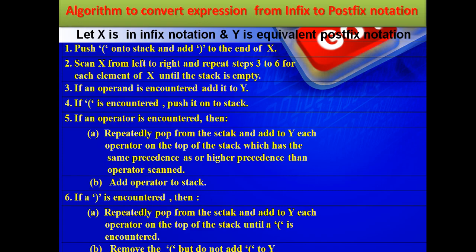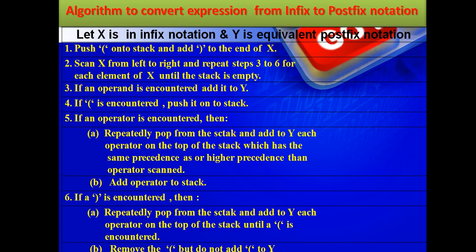Now the only steps left are 5 and 6, very important steps. What should we do when we get an operator, and what should we do when we get a right parenthesis? Let us see what happens if an operator is encountered. There are 2 sub-steps in that. It says: repeatedly pop from the stack and add to y each operator on the top of the stack which has the same precedence as or higher precedence than the operator scanned.